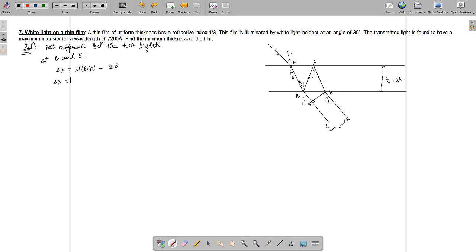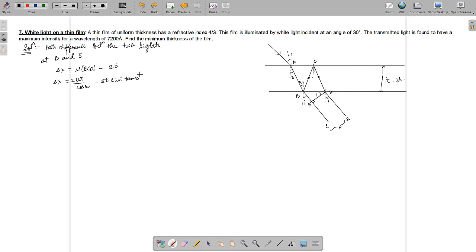So delta x is equal to 2 mu t by cos r minus BE. BE is this length, which is 2t tan r, and its sine component, so that will be minus 2t sine I tan r.